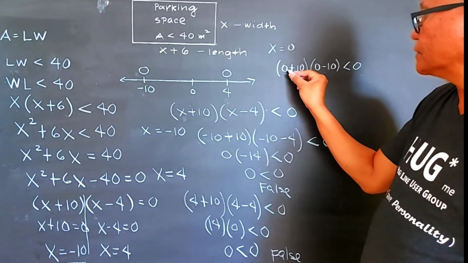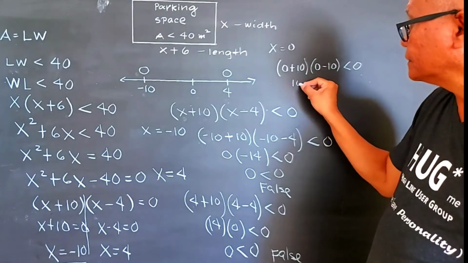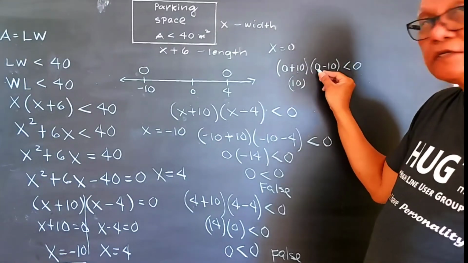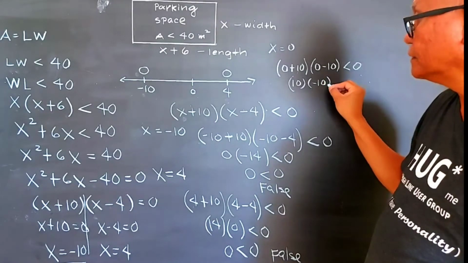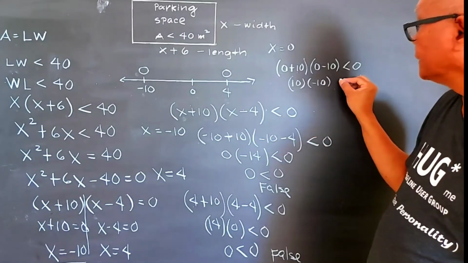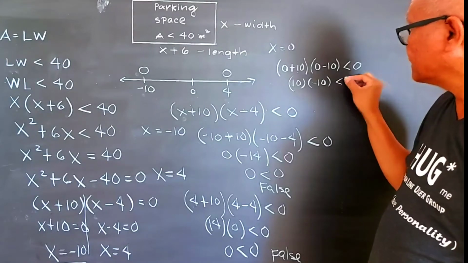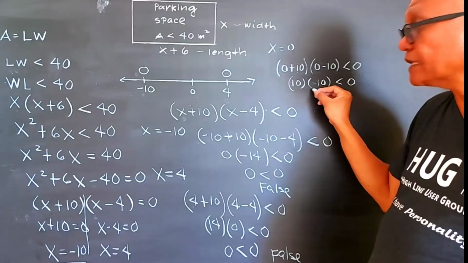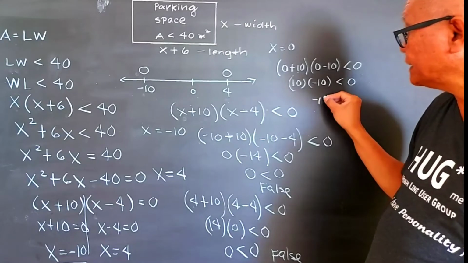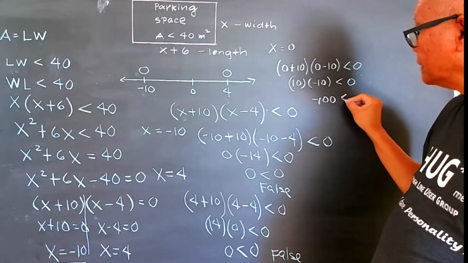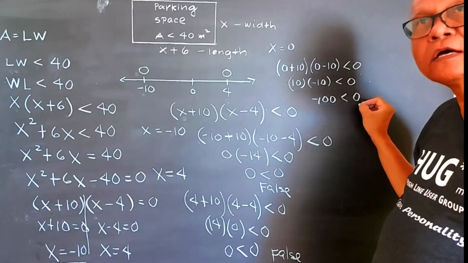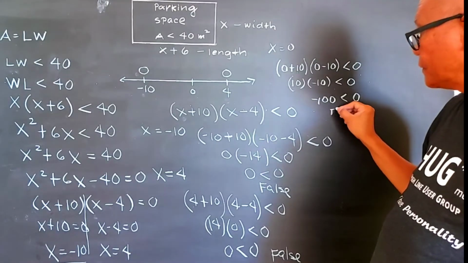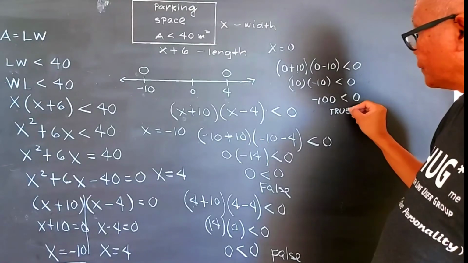So 0 plus 10 is 10. 0 minus 4 is negative 4. 10 times negative 4 is negative 40. Is negative 40 less than 0? Yes. Therefore, this one is true.